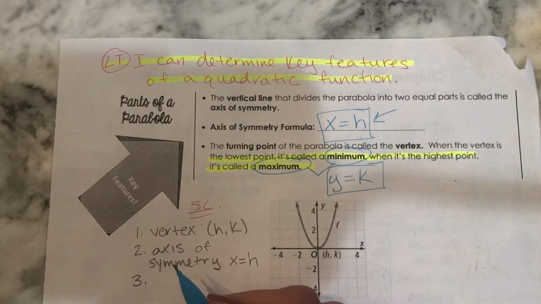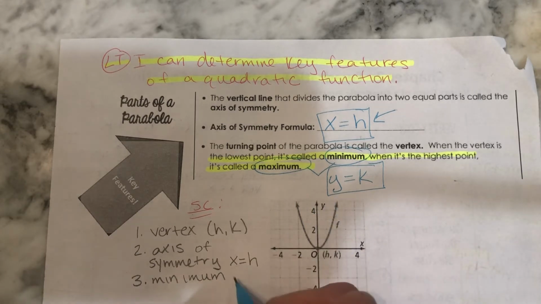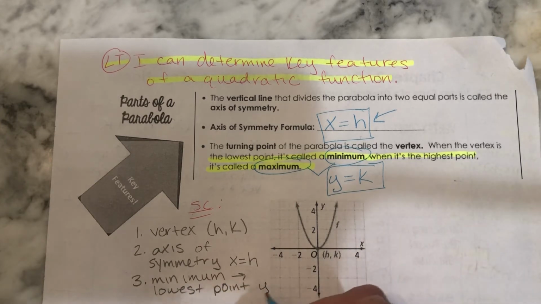And then you need to know your minimum. That's your lowest point, and that's given by y equals k.